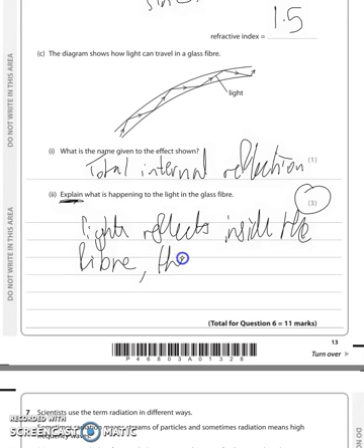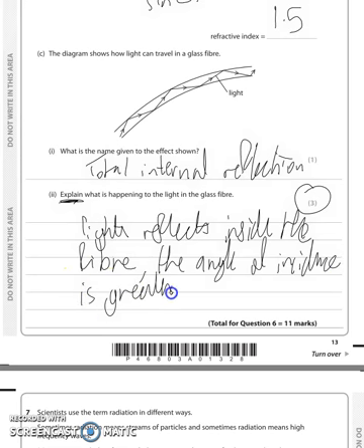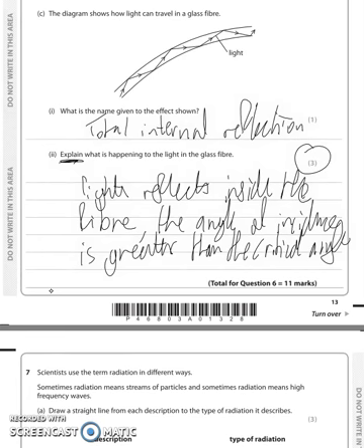Well, the angle of incidence is greater than the critical angle. So it bounces around. So light reflects to the inside of the fiber because the angle of incidence is greater than the critical angle. So it starts bouncing around in there.